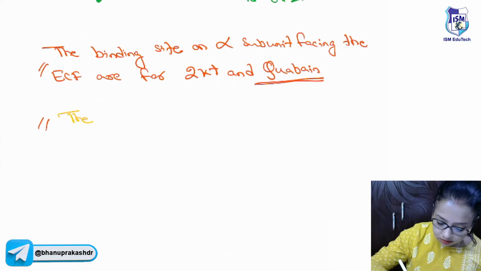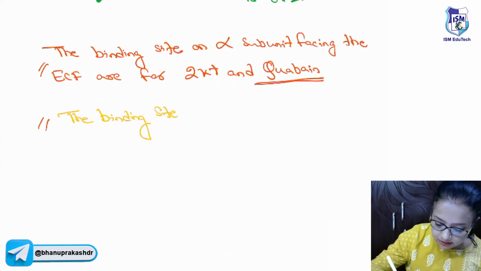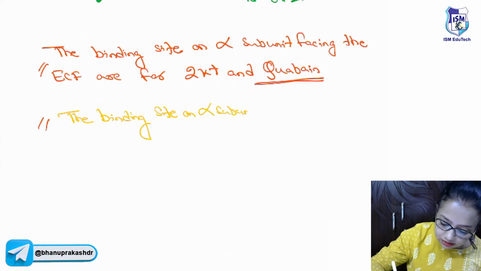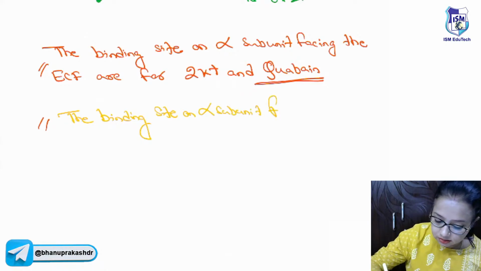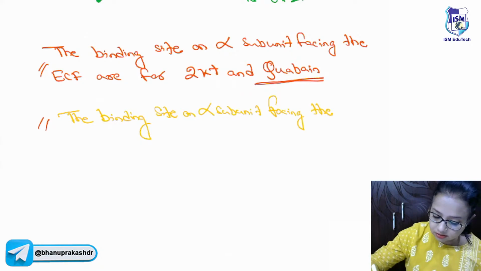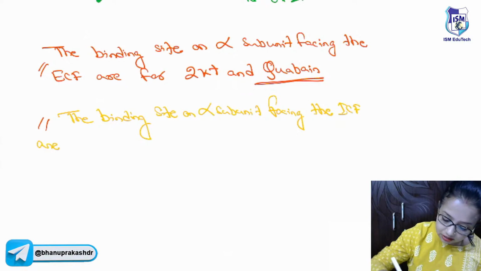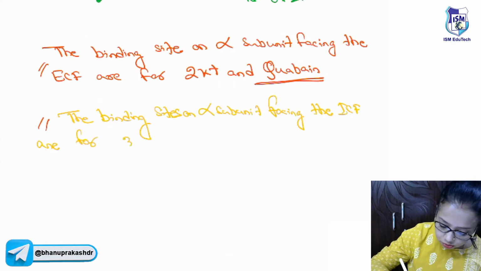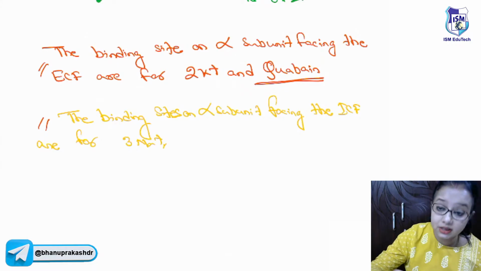Okay. And the binding site on the same alpha subunit facing the ICF are for three molecules of sodium, that is the binding site 1.